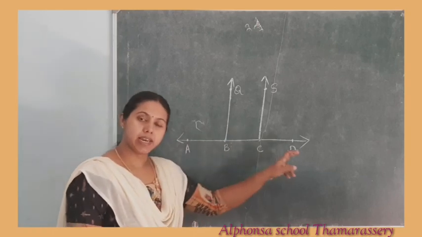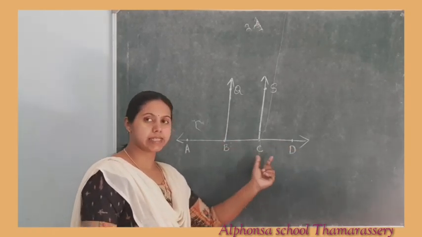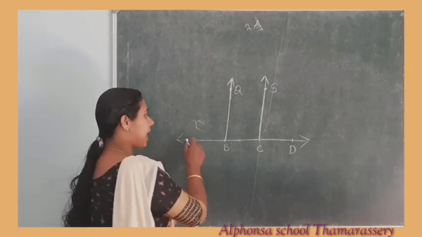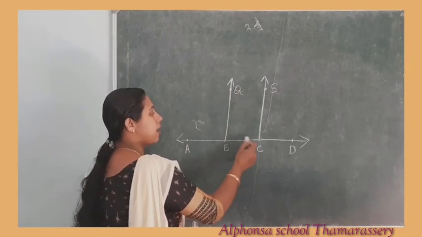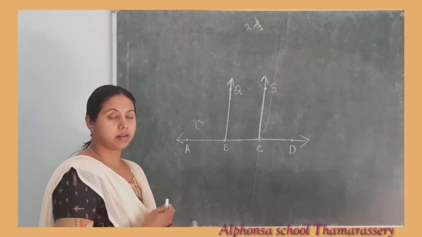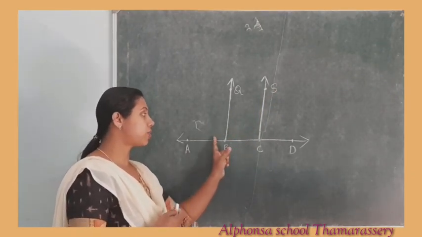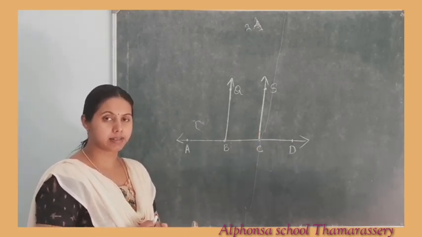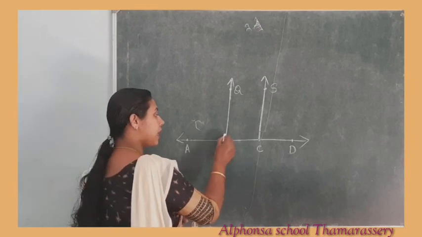Draw a line AD and mark two points B and C on it. Then construct two equal angles, angle ABQ and angle BCS. We know how to construct equal angles.